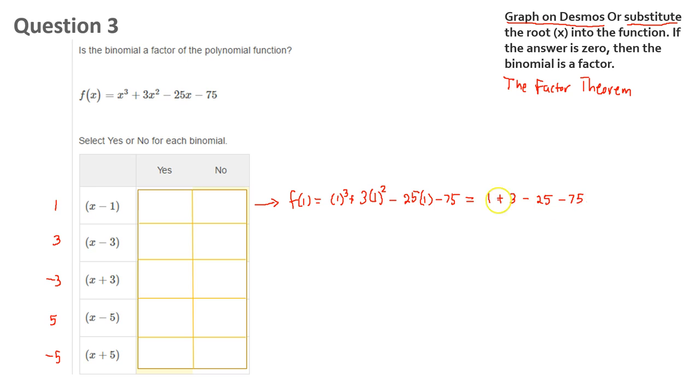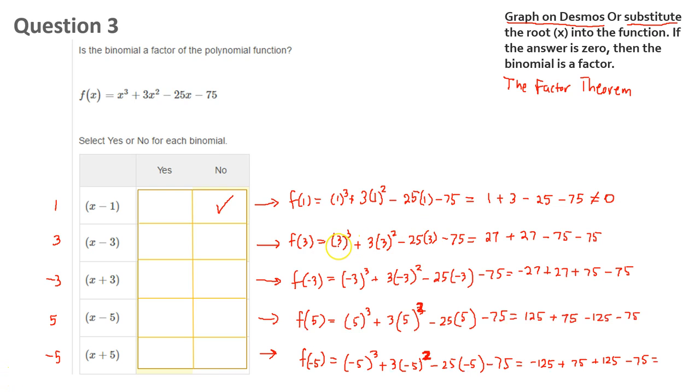If we plug this into the calculator, or combine all of these numbers, we end up with something that does not equal 0. It doesn't matter what it is, as long as it does not equal 0. If it equals 0, we check yes, but here it does not equal 0, so we're going to check no. We'll do the rest.